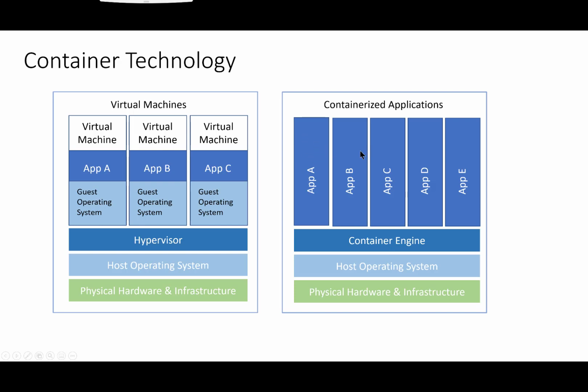So they're independent of one another, and that brings the concept of microservices that we're going to talk about momentarily. This is the difference between a traditional virtual machine approach and a containerized application approach. The key differentiator you would notice here is that in a containerized application, there are no virtual machines. Rather, they have been replaced by containers. That's very important because that makes a paradigm shift in terms of application development.